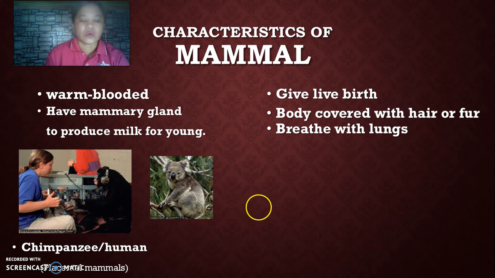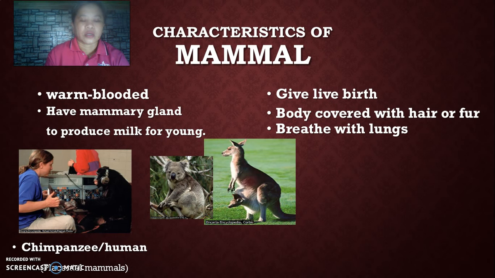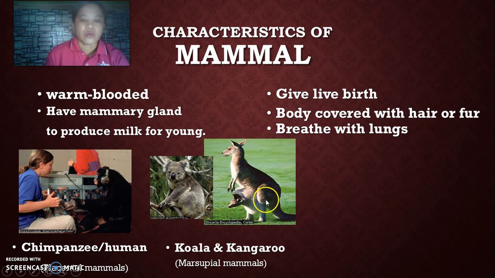Another are the koala bear and the kangaroo. These are marsupial mammals, because they have pouches in their tummy where the young one stays until it reaches adulthood or can survive in the environment.